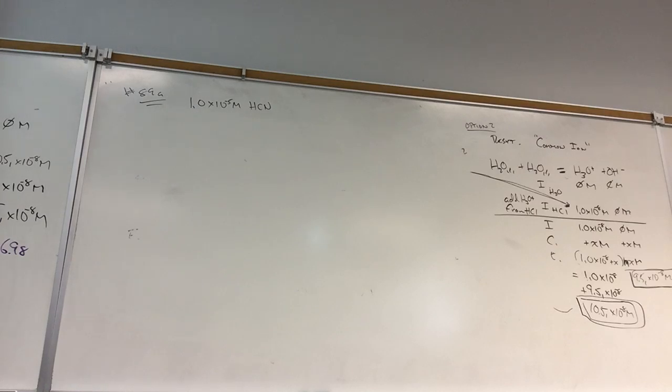We're just going to go to Appendix D. There are different names, ionization constants, acid dissociation constants, acid hydrolysis constants. But we're looking for hydrocyanic acid. These are alphabetical, so we'll just go to H. Here's hydrocyanic acid, HCN, 6.2 times 10 to the minus 10.